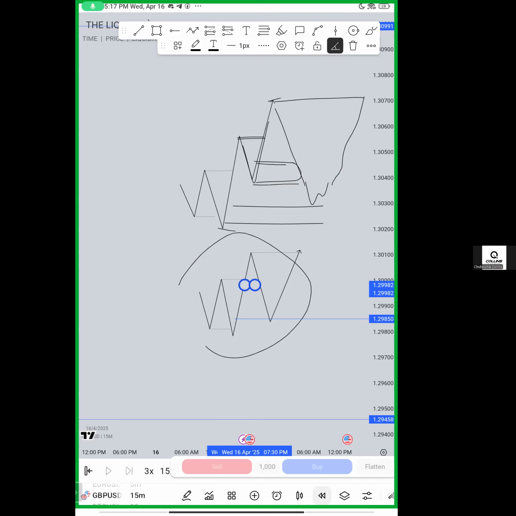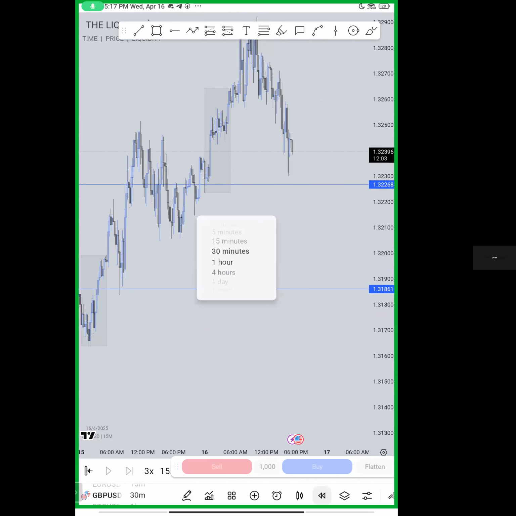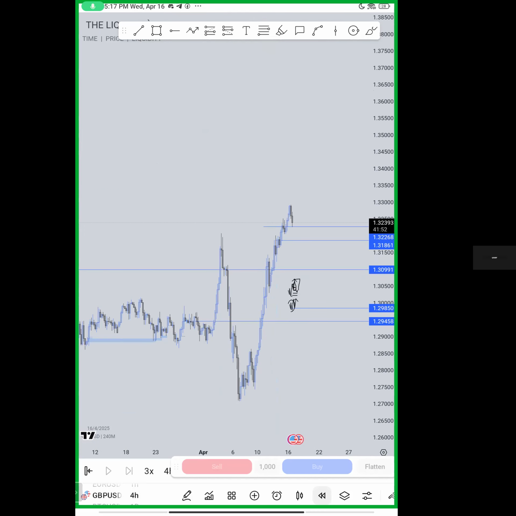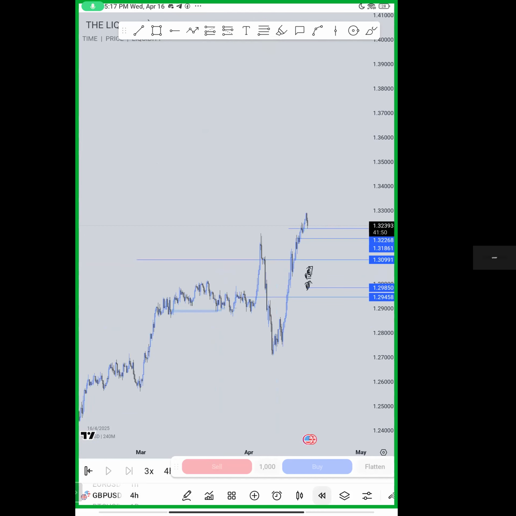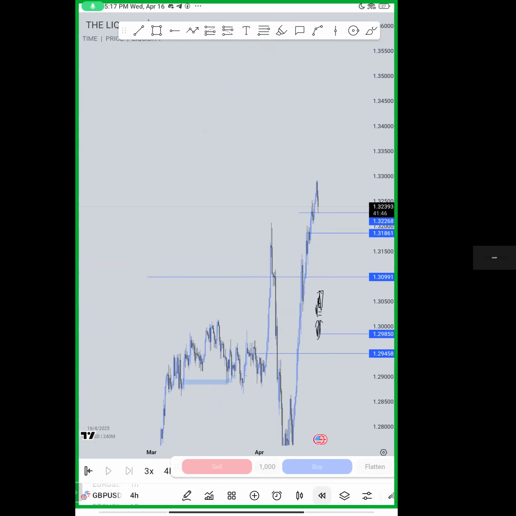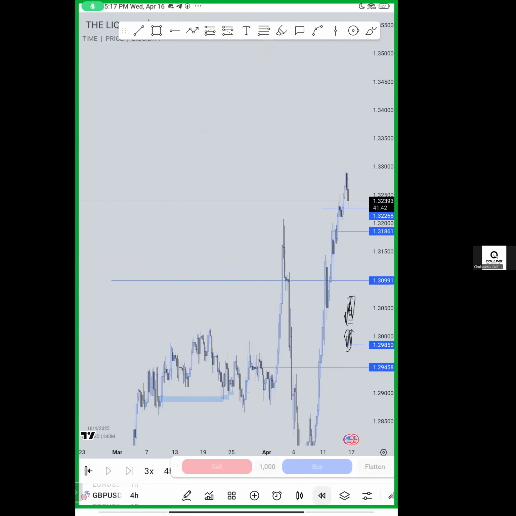Let's see. Let me try and see whether we could see any range on the power. Okay, sometimes price won't take out the external liquidity.